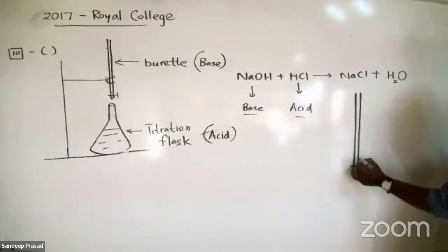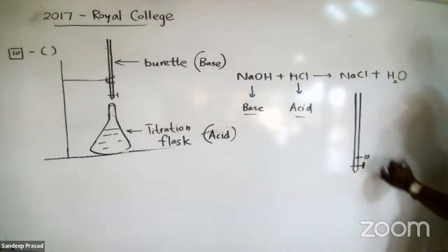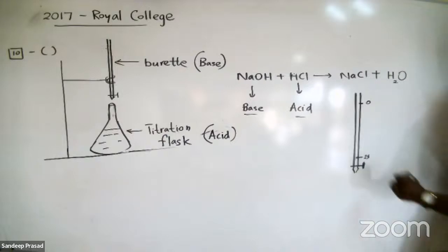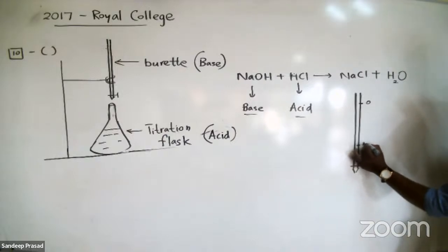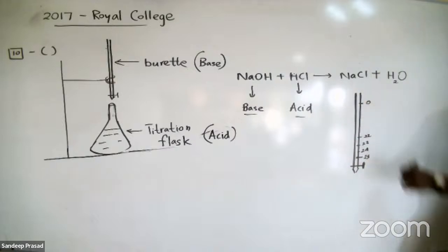And the specialty of the burette is that it is calibrated in this way. Here 25 and 0 is above. 25, 24, 23. Likewise, descending order. That is the way of calibrating a burette.